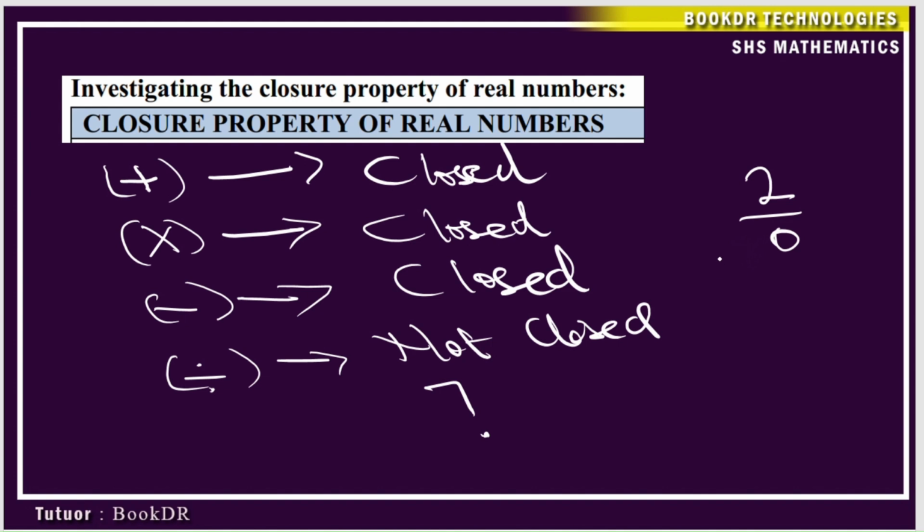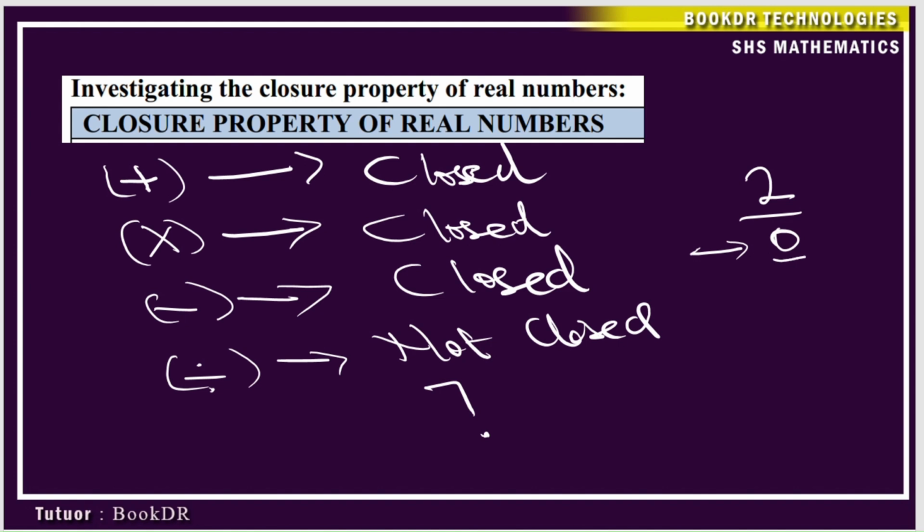We cannot divide any number by 0. So 2 over 0 does not yield a real number. Aside from the situation whereby the denominator or the divisor is 0, all other divisions are possible. We can divide any real number by another real number except 0, and the results will be real.